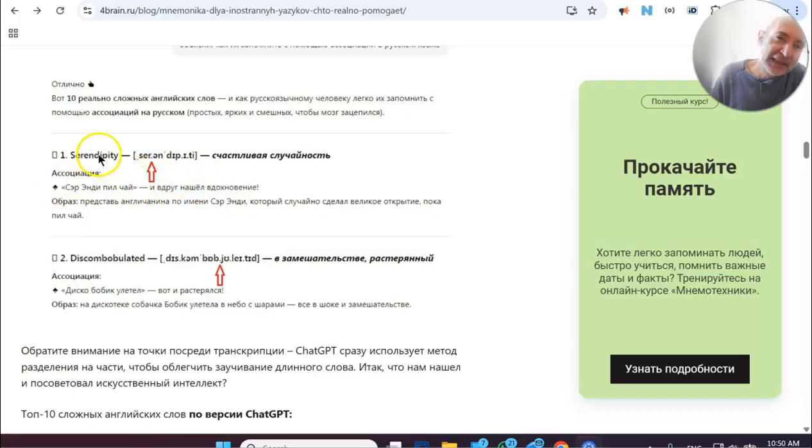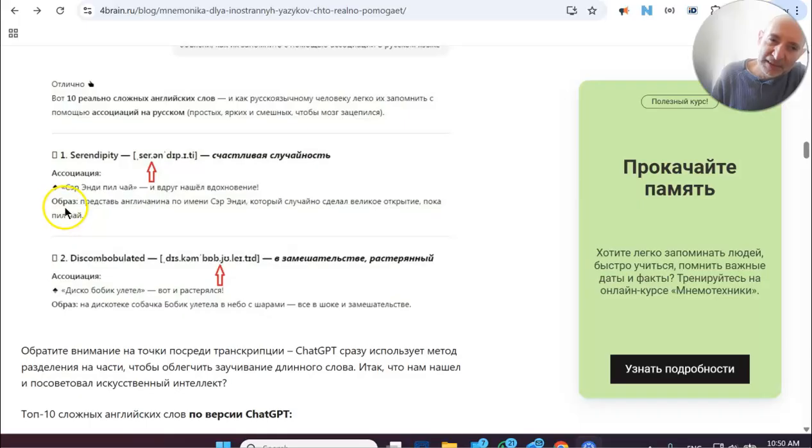So they connect the first part with how the word sounds, and then the second part is some kind of an association with the meaning. So счастливая случайность, a lucky coincidence, but he kind of suddenly found his inspiration. It is supposed to help us remember the meaning. But вдохновение, that's a good word, inspiration. So Sir Andy drank tea and suddenly found inspiration.